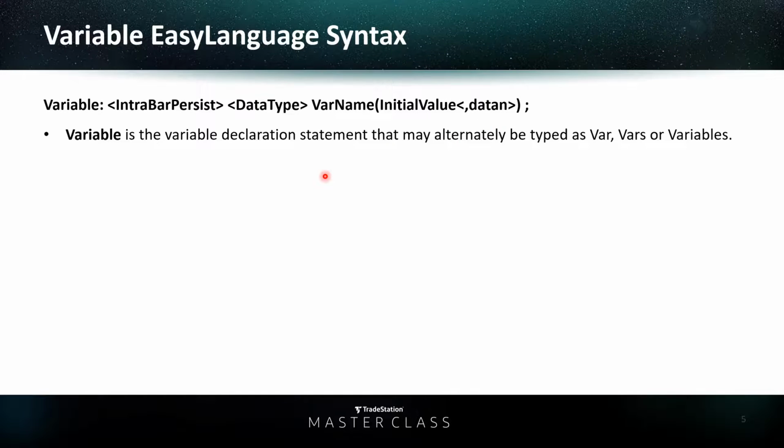Yes, go ahead, John. I was just going to say, yeah, that's right. Sometimes we strictly type it, by that I mean specify the type. Let's say we're using some objects in our variable declaration.